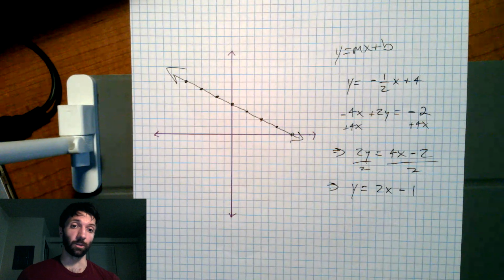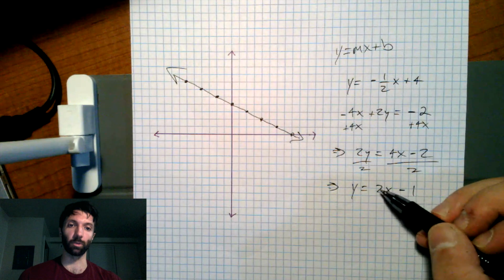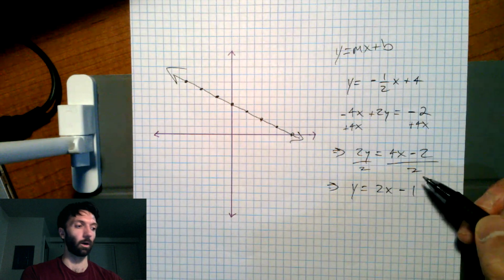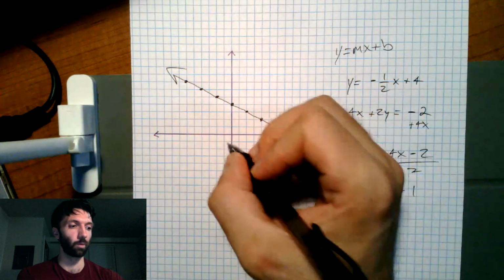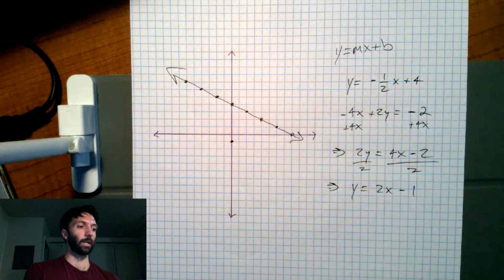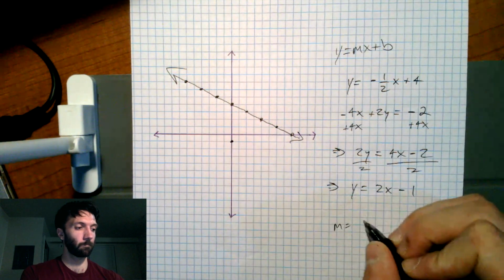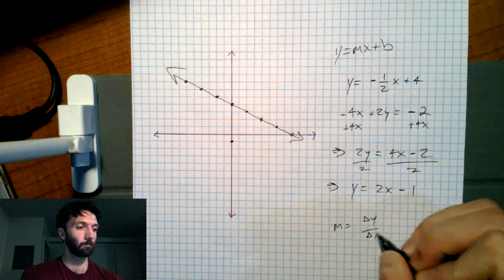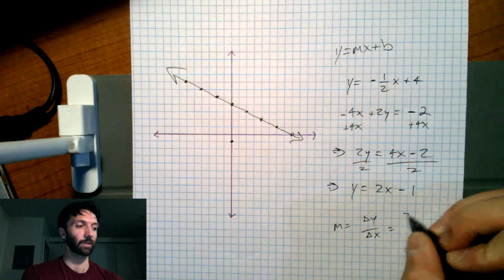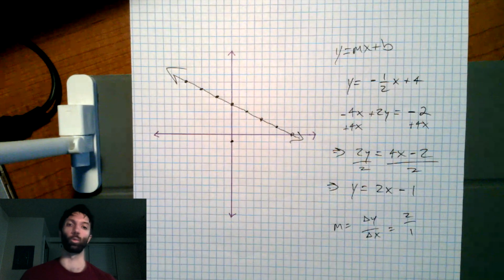And the reason why slope-intercept form is useful, of course, is because it readily tells us what the slope and y-intercept are. So the y-intercept is -1. And now my slope is 2. And 2 as a fraction is 2 over 1.